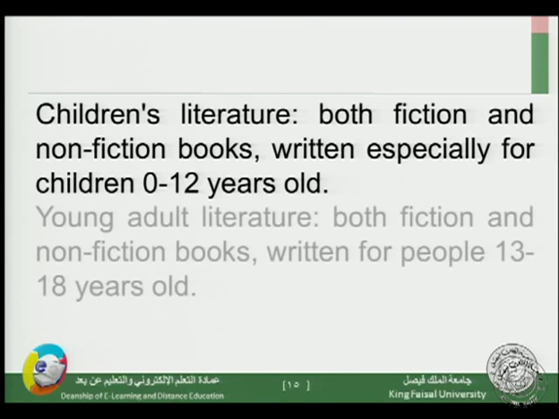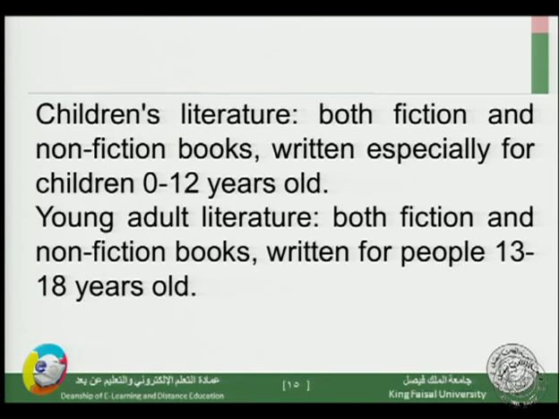We have two sentences here. Children's literature can be all this: fiction and non-fiction books written especially for children from age 0 until age 12. That's not the whole truth. The whole truth is that it is from age 0 until age 18.